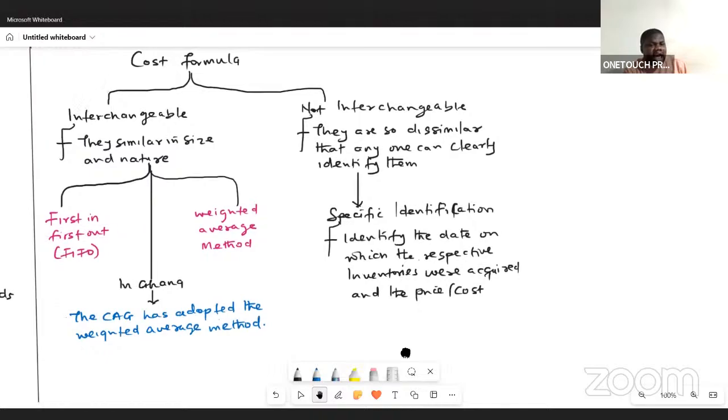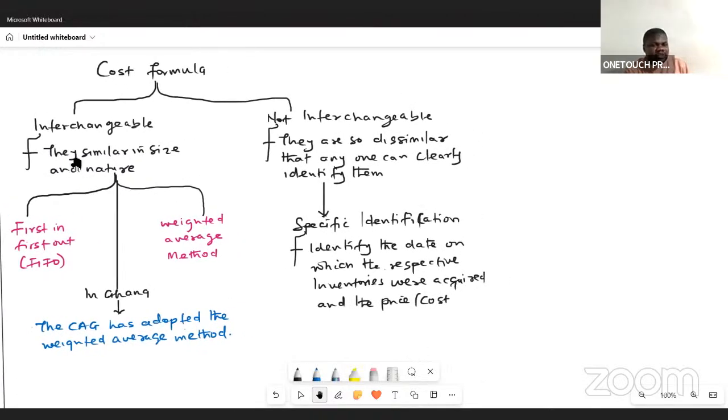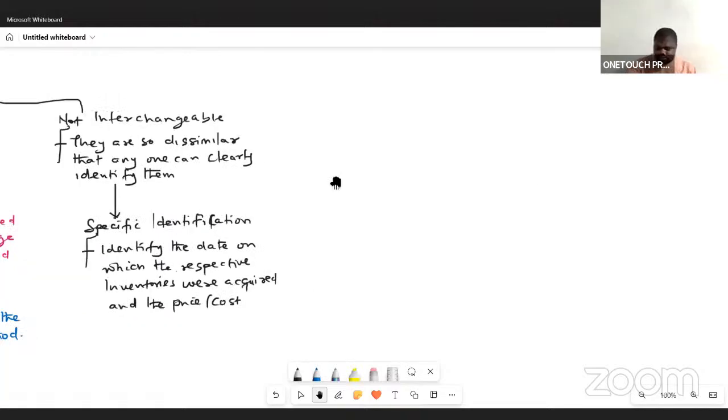So this morning, I came to your various houses to present to you an explanation of IPSAS 12, the key issues. We are left with the last one, very simple. The last one has to do with the measurement technique.